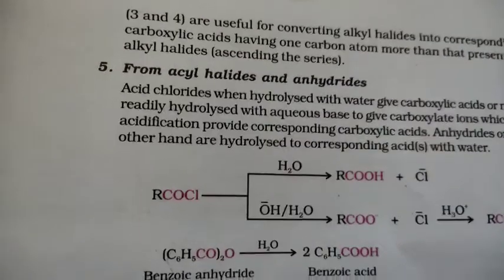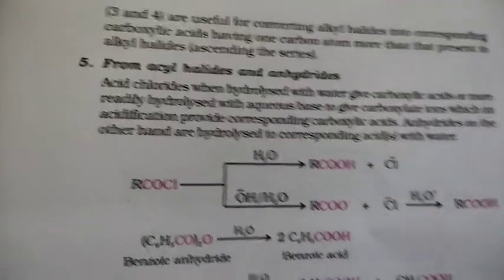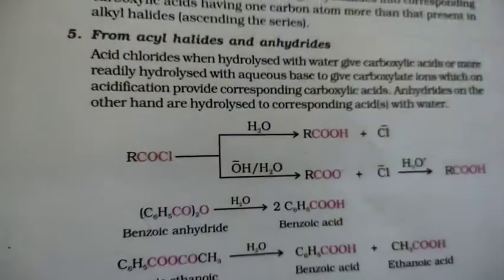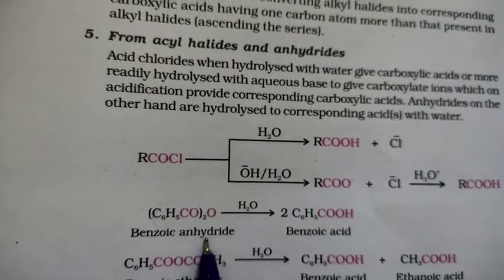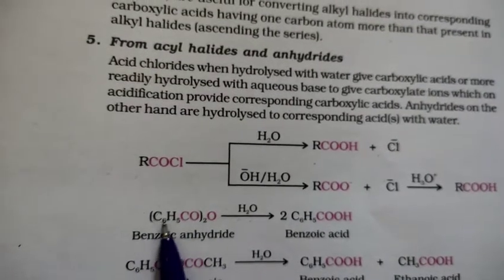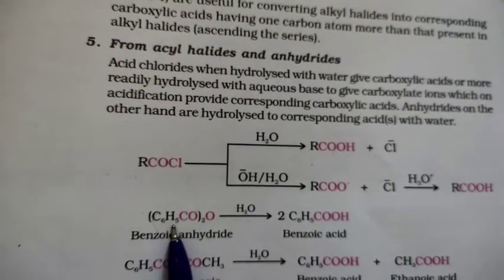Just wait a second, let me write. Okay, so this is how an anhydride is written. C6H5C double bond O, in between these two carbons one oxygen will be there, and again this portion is repeated. So this is benzoic anhydride. Why is it benzoic anhydride? Because benzene is being used here, now C6H5 is used.